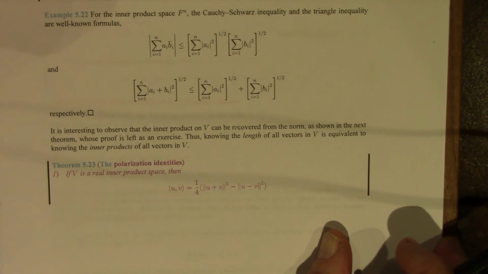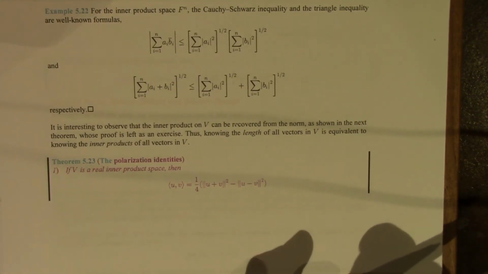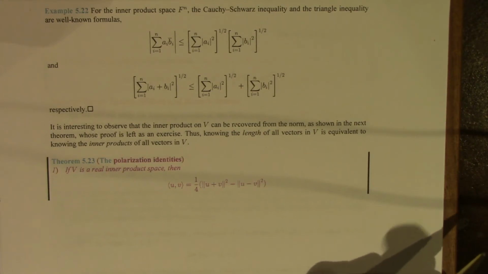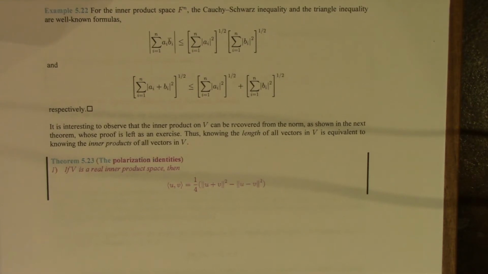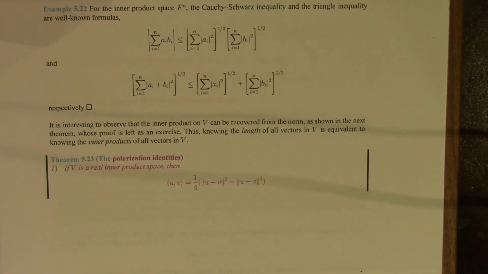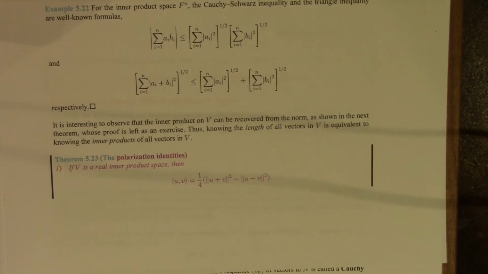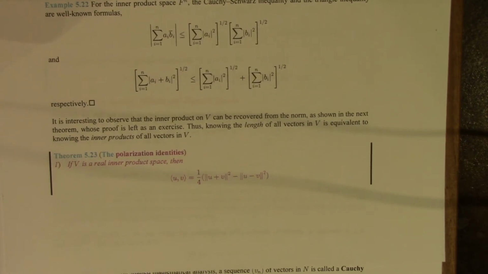One of the most interesting observations to make about inner products is that an inner product can be recovered from the norm. So if someone says, I have an inner product space, and I will tell you the norm of every vector, the length of every vector, you can figure out what the inner product is.